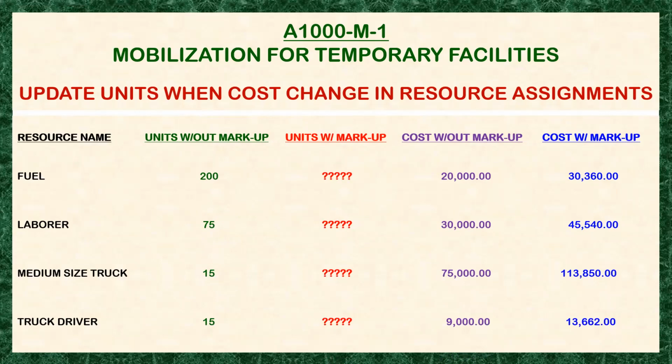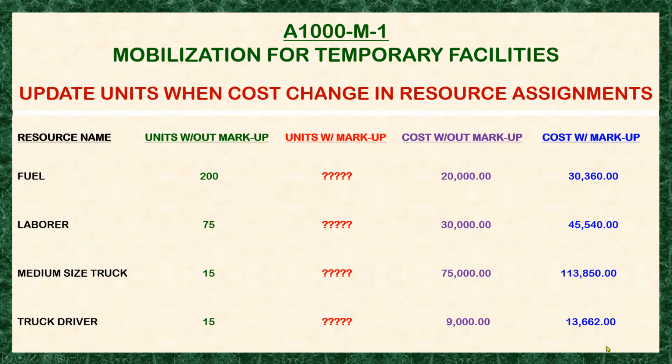So okay, here are the steps. Let's first retrieve our program that had no resource markup cost showing. That means we will retrieve our program so that this one will not be shown first.